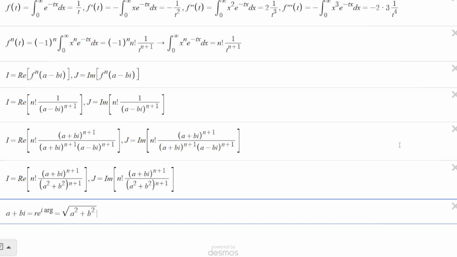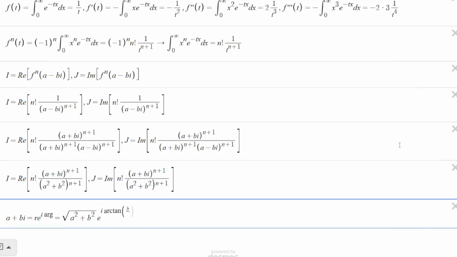So this is going to make a triangle with opposite side b and adjacent side a. So we can say that our argument is just the arctangent of b over a. So we have e to the i arctangent b over a.